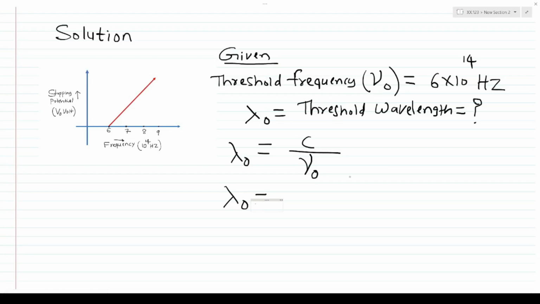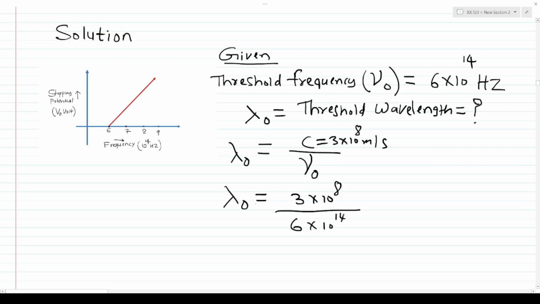Solution. Given threshold frequency 6 into 10 raised to 14 hertz, we need to find out threshold wavelength, that is lambda naught equals question mark. So lambda naught is given by C upon nu naught. C, the speed of light, is 3 into 10 raised to 8 meter per second. So 3 into 10 raised to 8 upon 6 into 10 raised to 14 equals 0.5 into 10 raised to minus 6 meter.